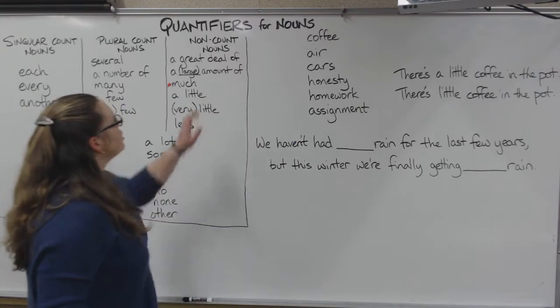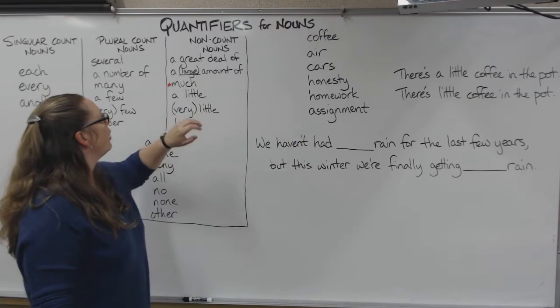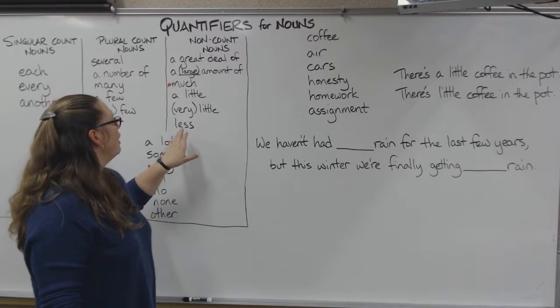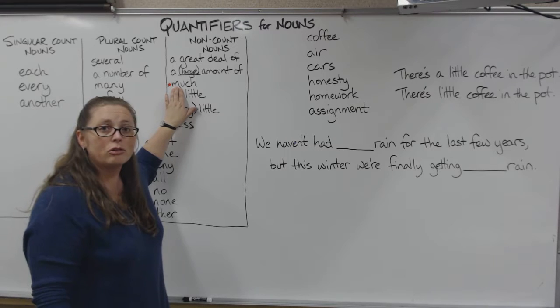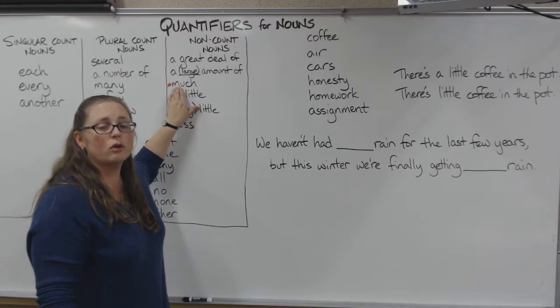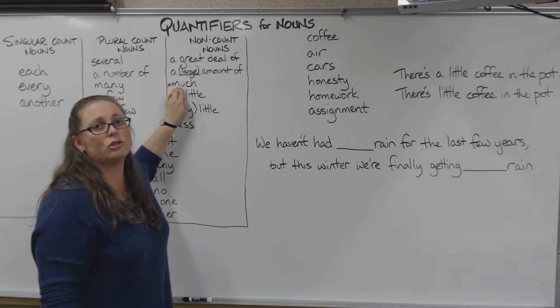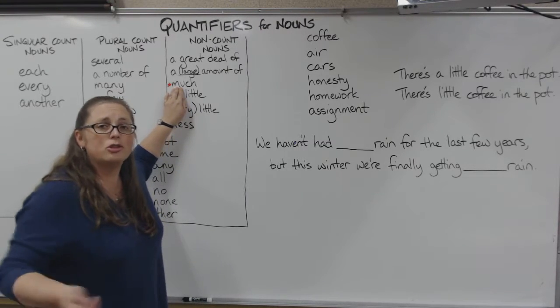So we could say a great deal of coffee, a large amount of coffee, a little coffee, less coffee. Remember, if we're using much, it's with negatives or questions. So there isn't much coffee. Or, is there very much coffee?